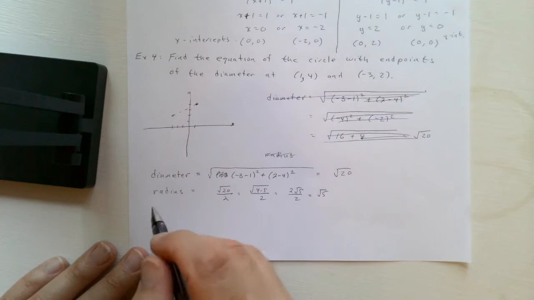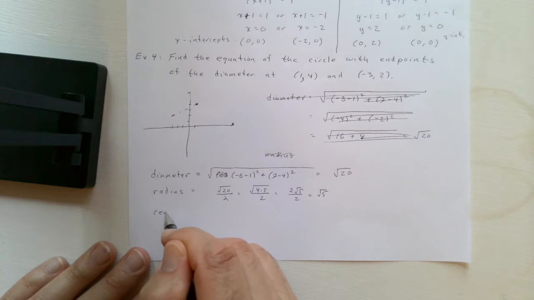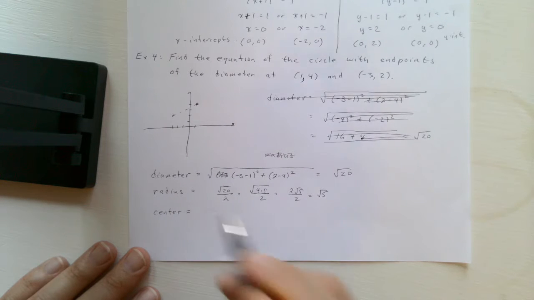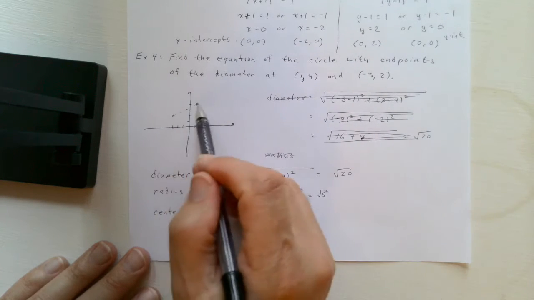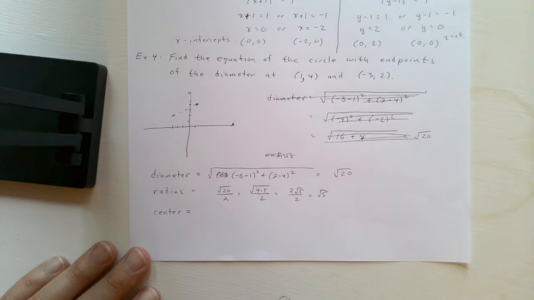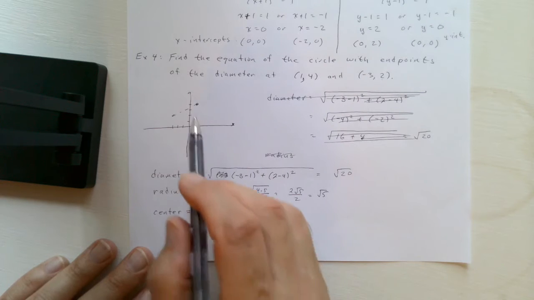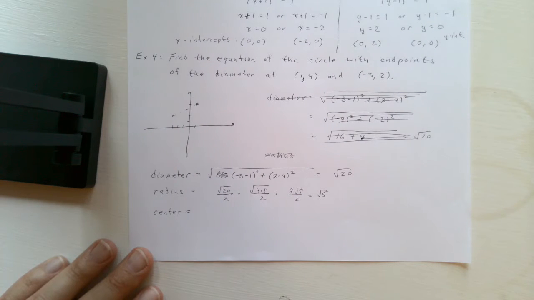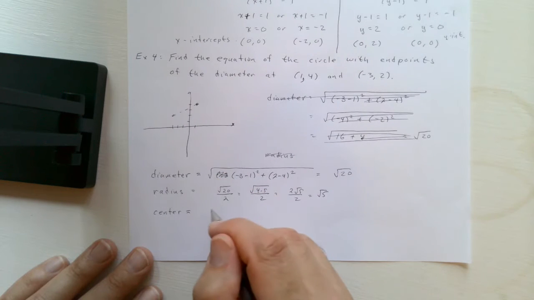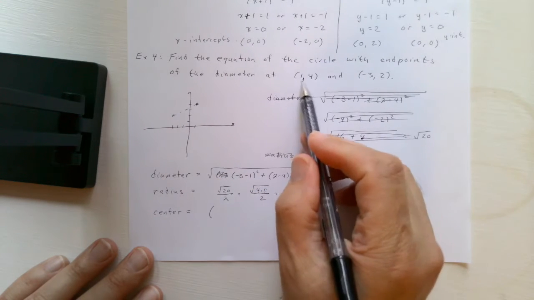And then the center is going to be the midpoint between these 2 points. So in this case we use our midpoint formula, and we take the average of the x coordinates.